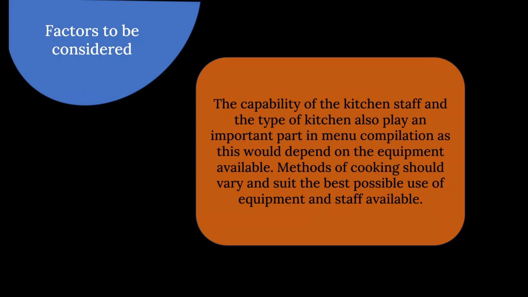Automatically, you cannot have dishes from these two categories. At the same time, you should also ensure that you have skilled staff working in the tandoor, or staff who know how to grill the different kinds of steaks and meat items. So depending on that factor also, the menu will be planned.